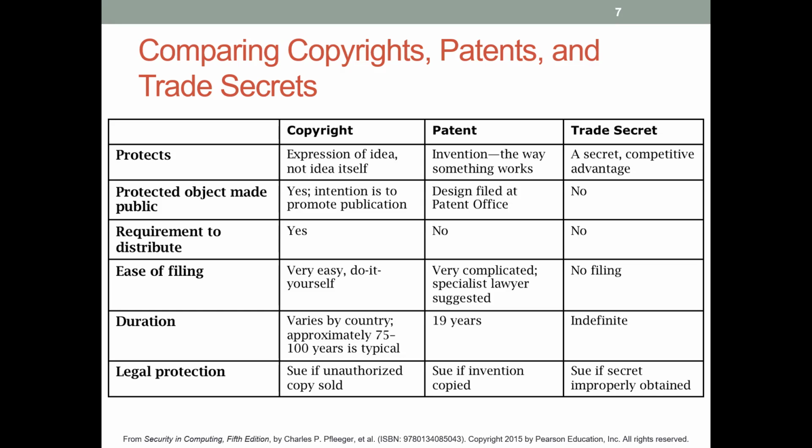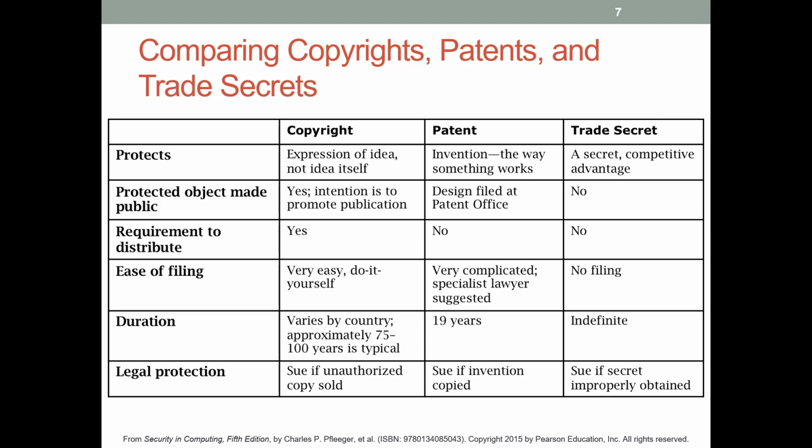The next one is protected objects made public. You have an innovative idea and you disclose your idea to the public, but if they want to use it, they need prior approval from you. So the intention is to promote publications. That is the intention of copyright.